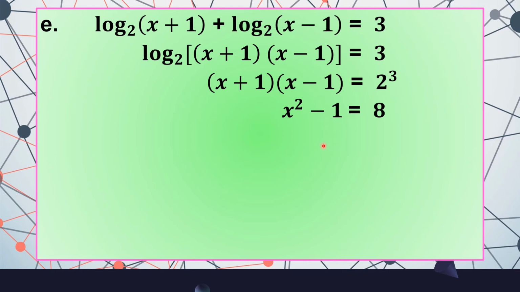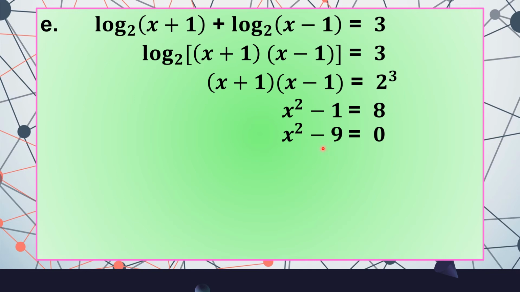So we have now x squared minus 9 equals 0. Why minus 9? Because if we are going to transpose 8 to the left side, it will become negative 1 minus 8, and negative 1 minus 8 is equal to negative 9.